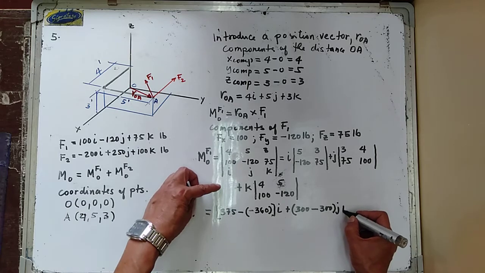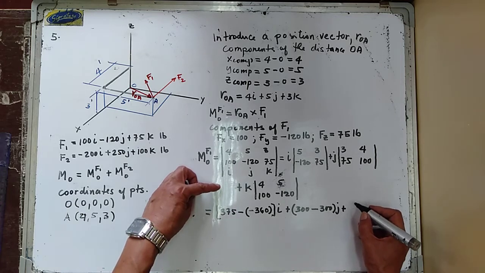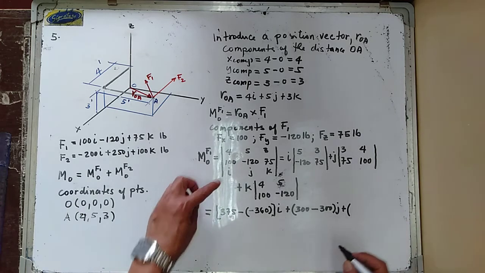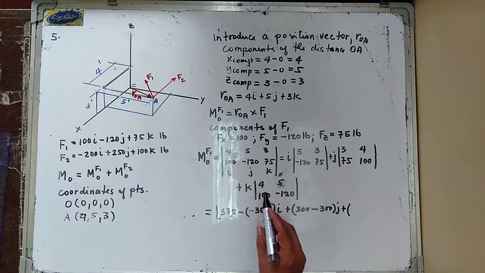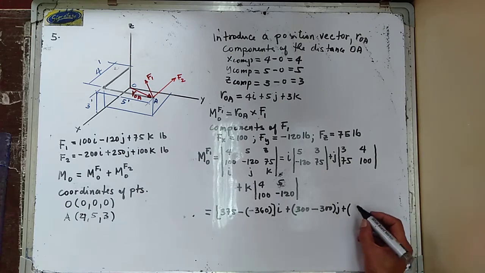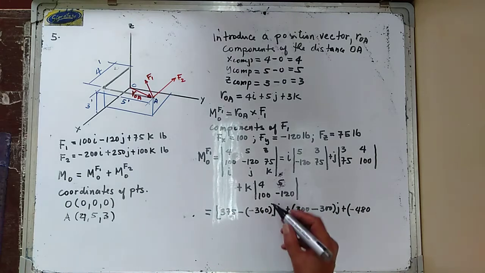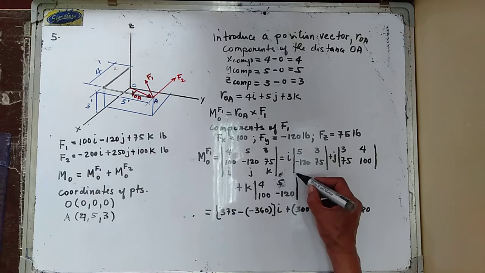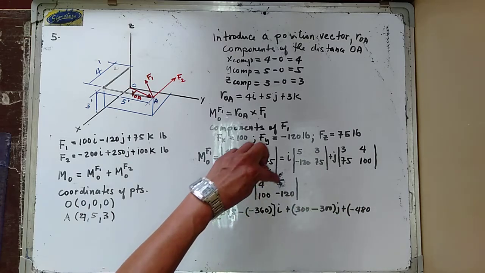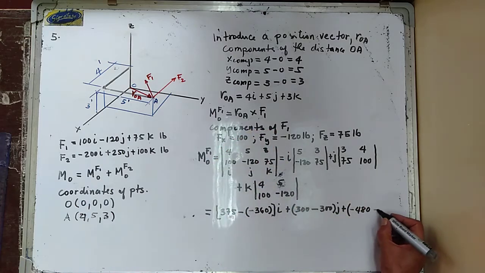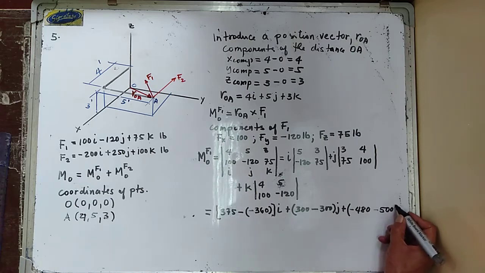Then plus, 4 by negative 120 is negative 480, minus 100 by 5, so minus 500k.